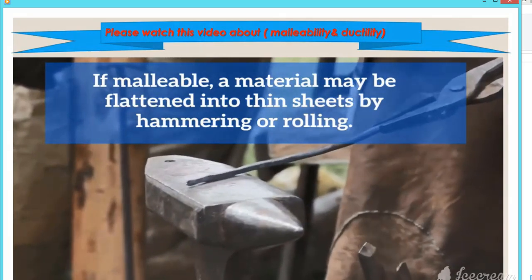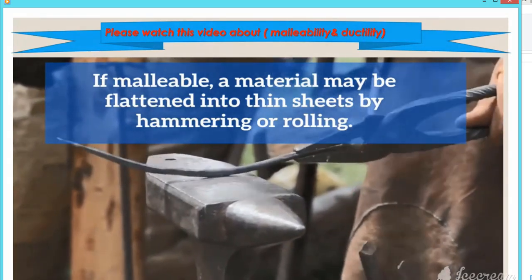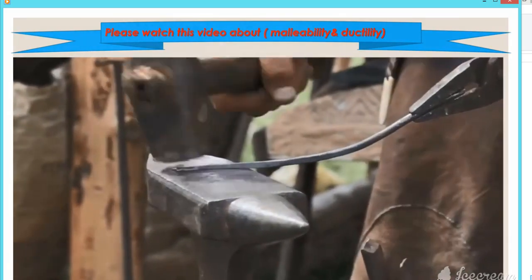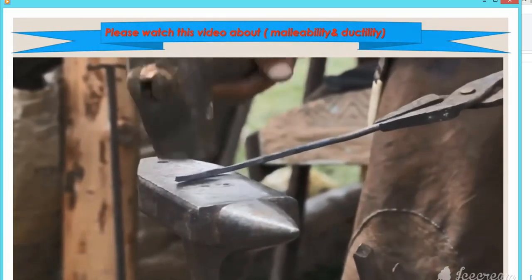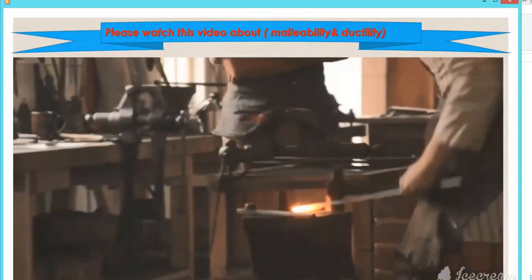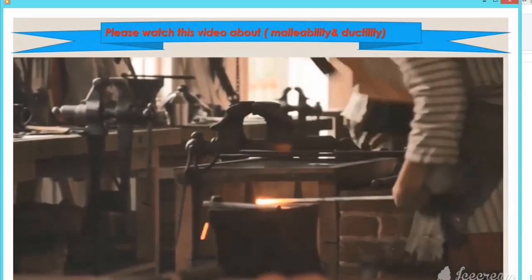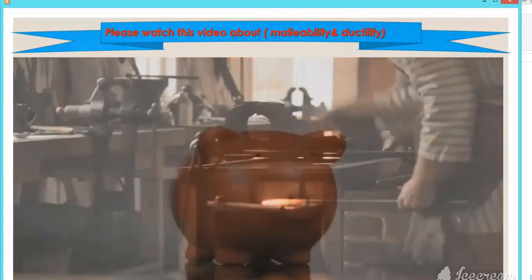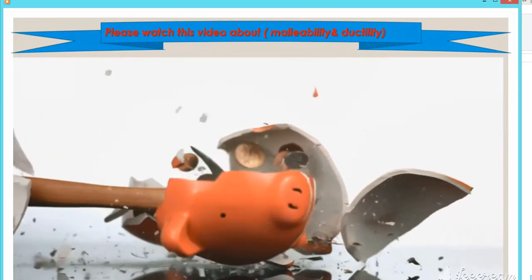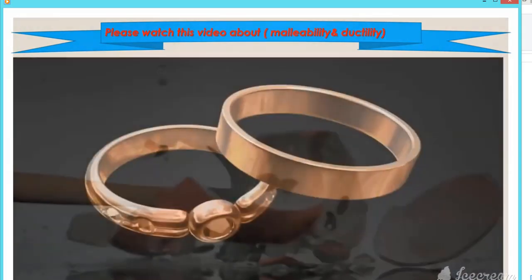Examples of malleable metals are gold, iron, aluminum, copper, silver. Because metals are malleable, blacksmiths have been able to hammer metals into helpful objects over the years. Compare a malleable metal to this piggy bank, which is not malleable. Because gold is malleable, it can be fashioned into jewelry.